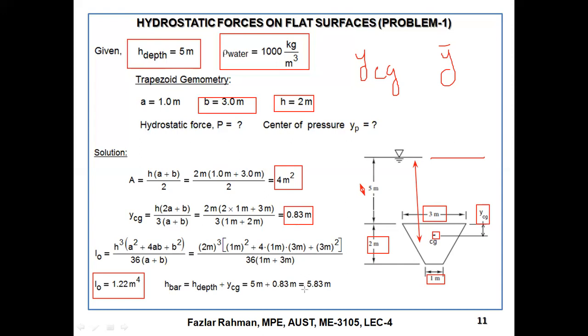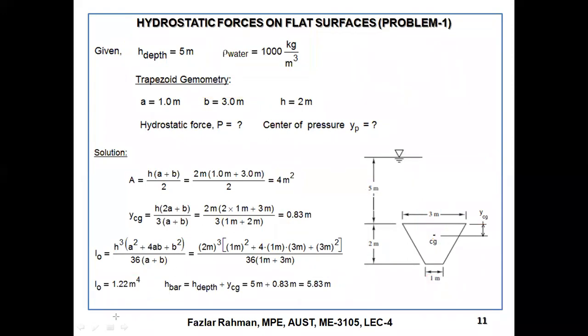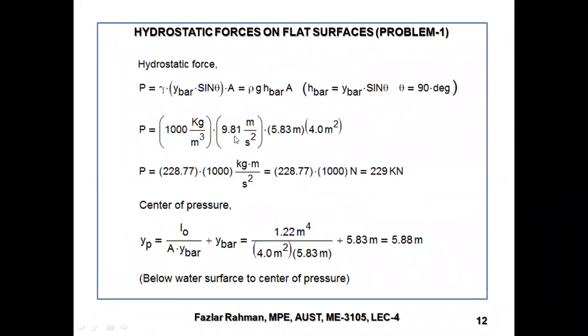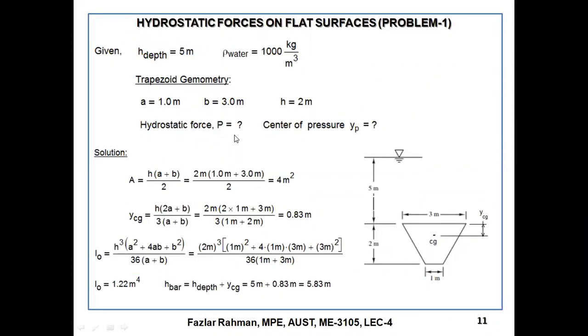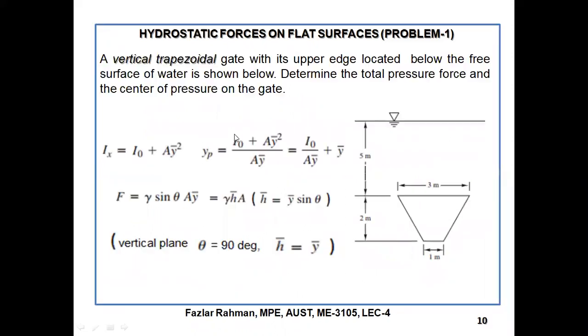So 5.83 is the Y bar, or you can say H bar. Any question so far?